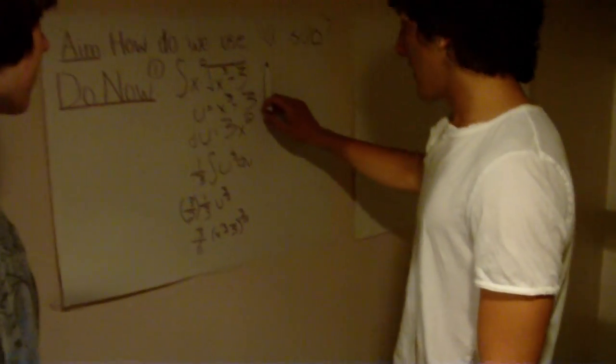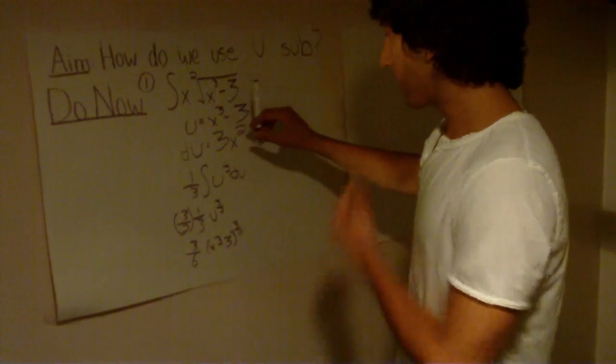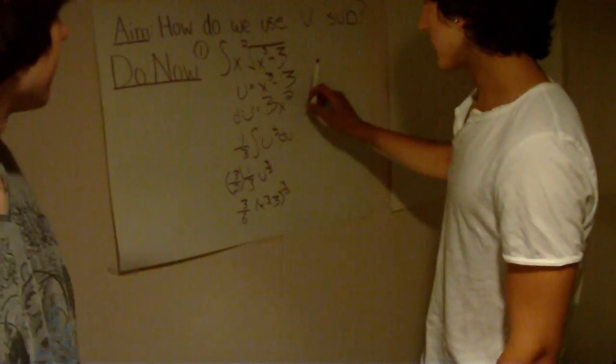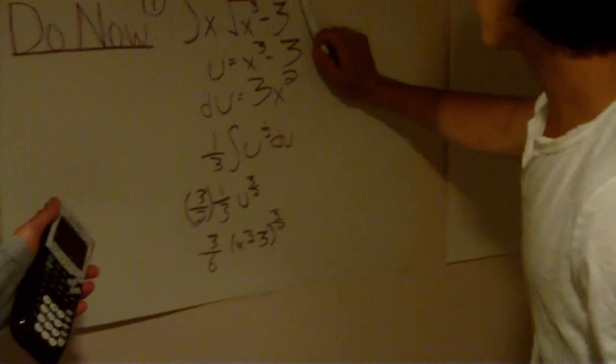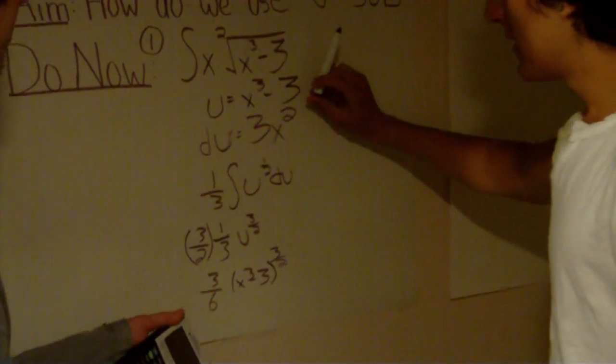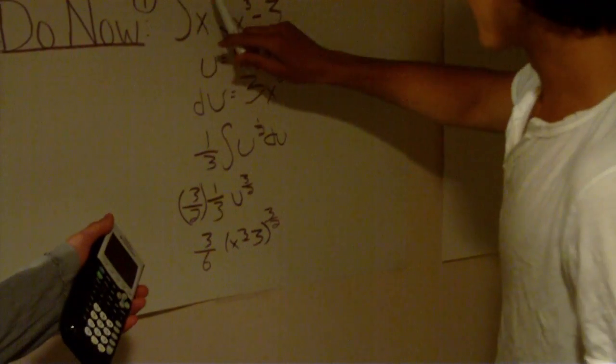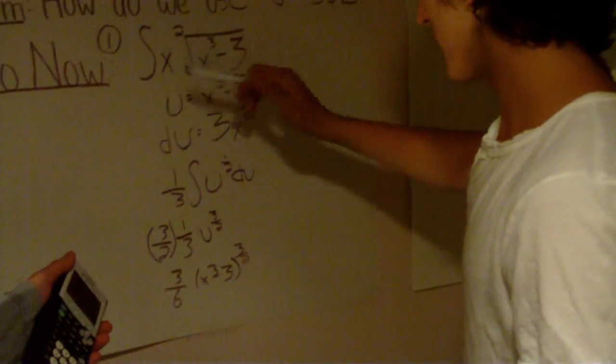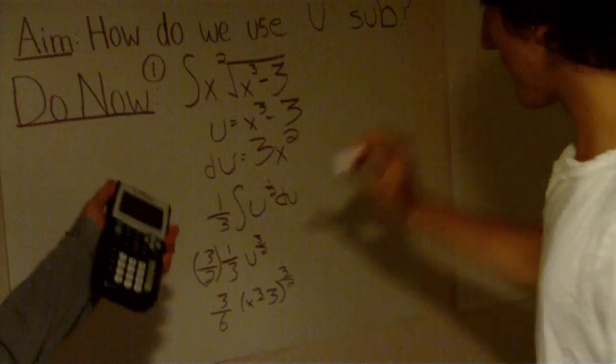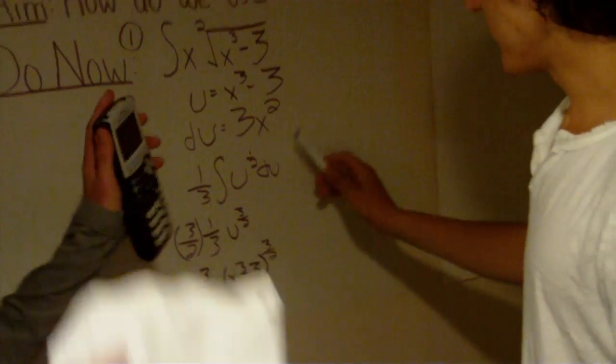You write the derivative of what's inside the radical, and then you use u as the thing inside the radical, and you put the exponent 1/2 because it's in the radical. And then you have to divide it by 3 because there's no 3 in the original function. And then you have to integrate it. So the du disappears.